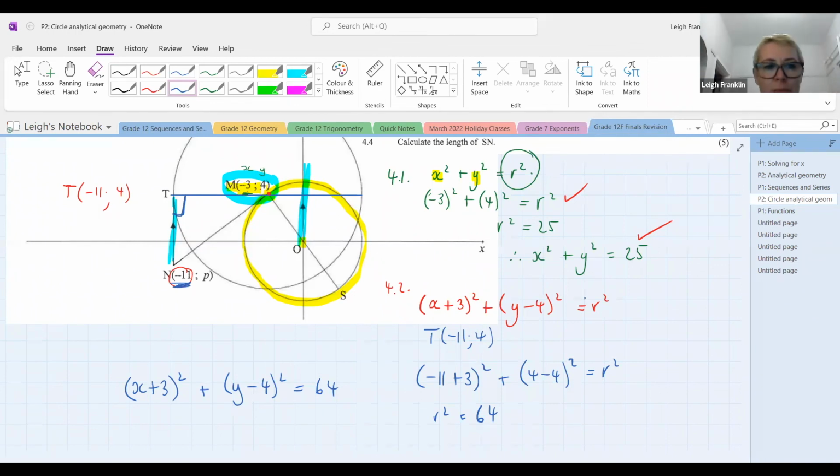If a line comes through the center to T at the circle, it has to be perpendicular, so these two have to be at right angles to one another, which means T has the same y value. So you sub the x in here and the y in there, so that you can work out what r squared is.